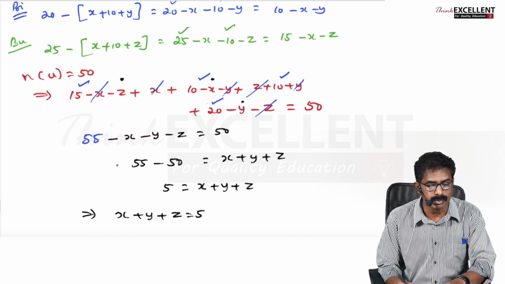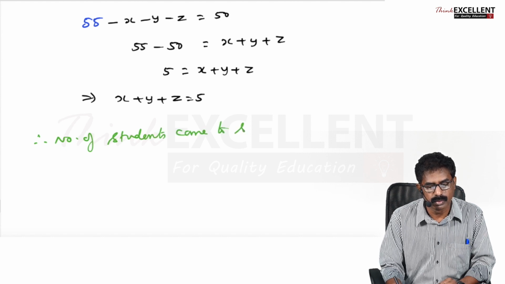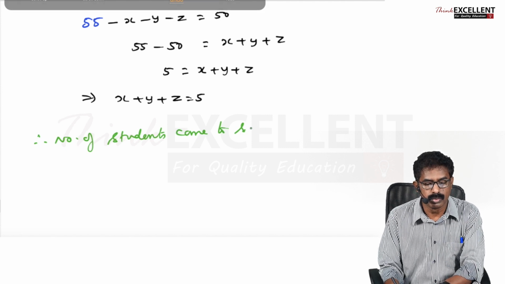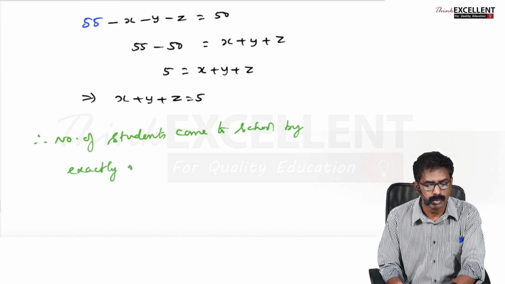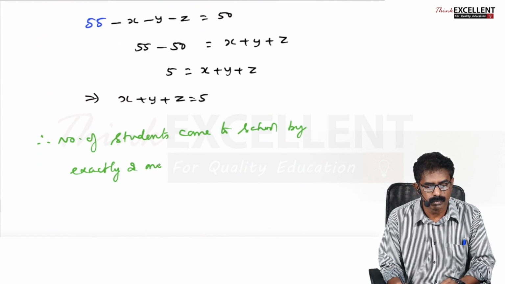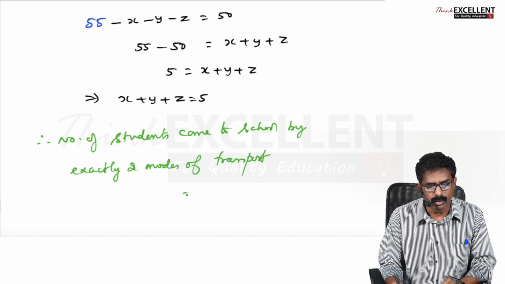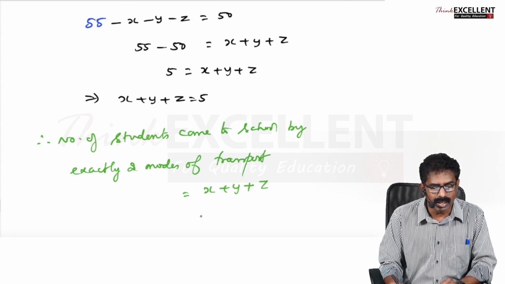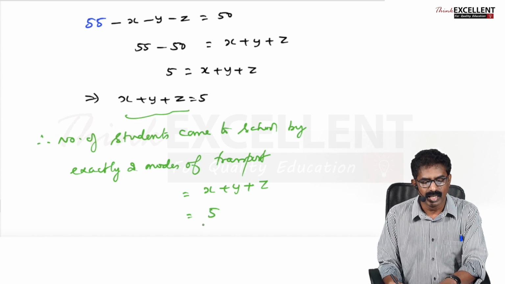Therefore, number of students come to school by exactly 2 modes of transport equal to x plus y plus z, no need to find separately. X plus y plus z, you got it as 5, and that is your answer.